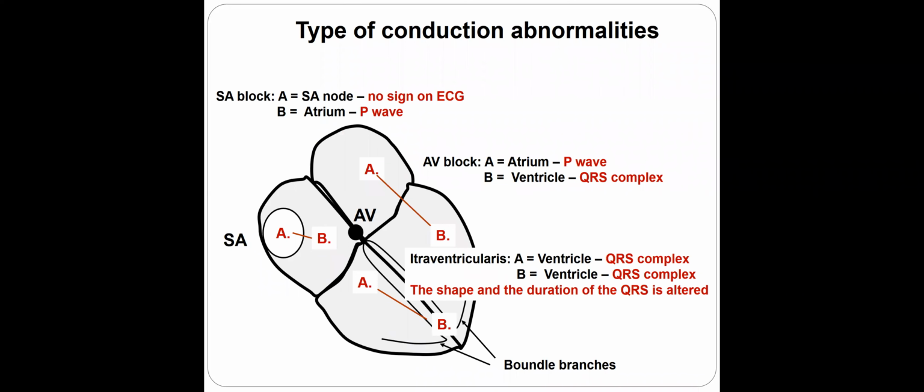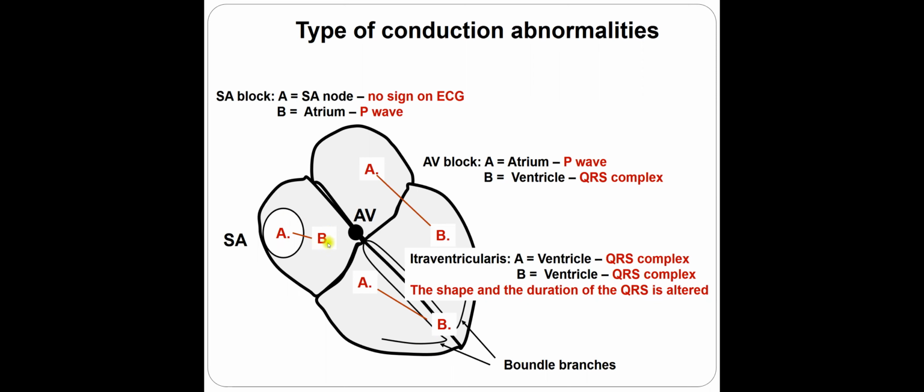When the sinus is activated, do we have any? No. So we do not see a sign of the A. What could be the sign when the charge reached the B? That is the atrial activation, and that should be the P wave. So here we have to rely only on the B point for how we diagnose it.